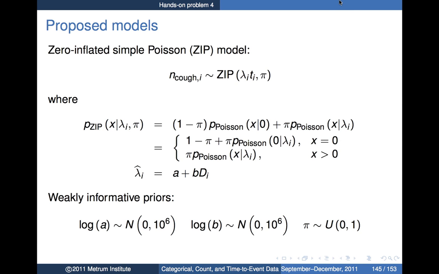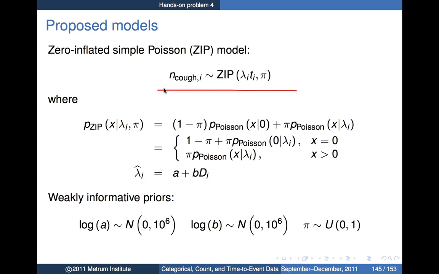And so again, this is going to be one where it's a mixture really of two models. It's going to be a mixture of a standard Poisson plus just a simple discrete probability for having a count of 0. So I'll just term this ZIP here.